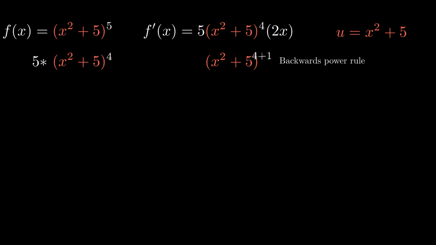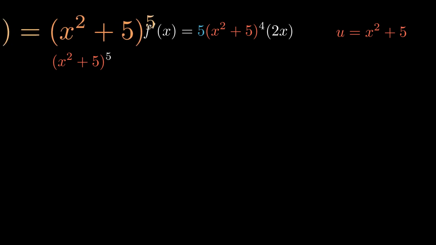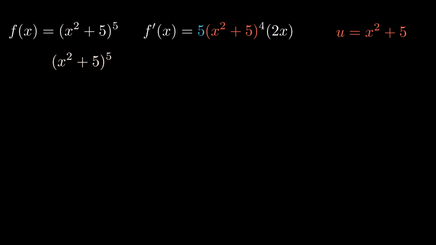Moving backwards, we will first add 1 to the exponent, and then we divide by the new exponent instead of multiply. This 5 in front will cancel with the 5 in the denominator. Now we can see working backwards, or finding the antiderivative, gave us the original function back.